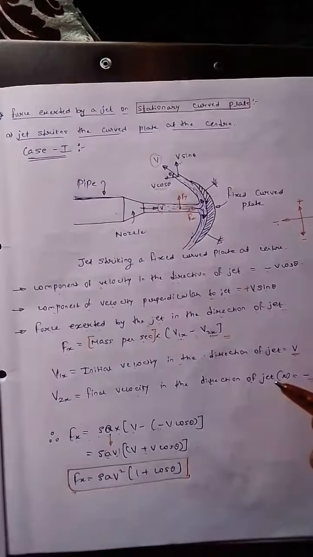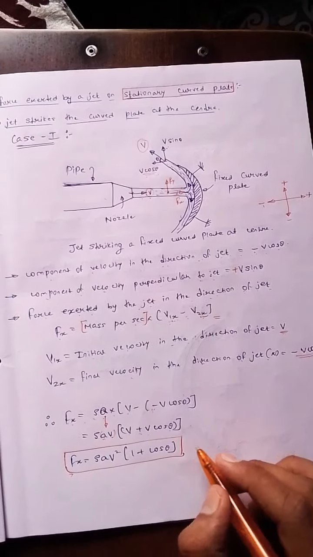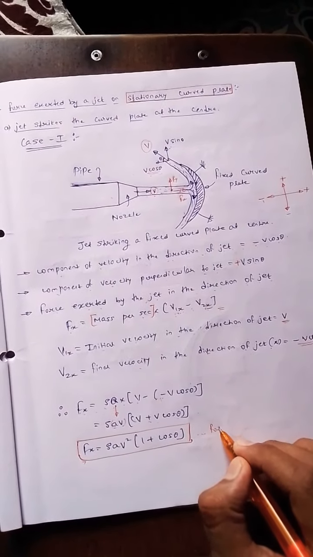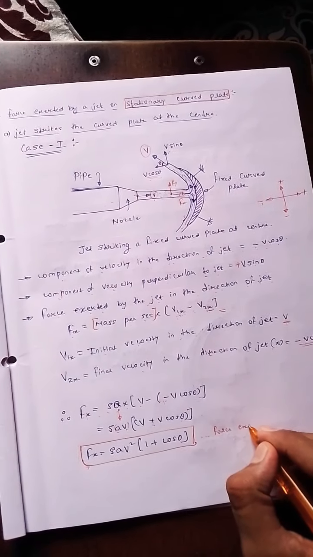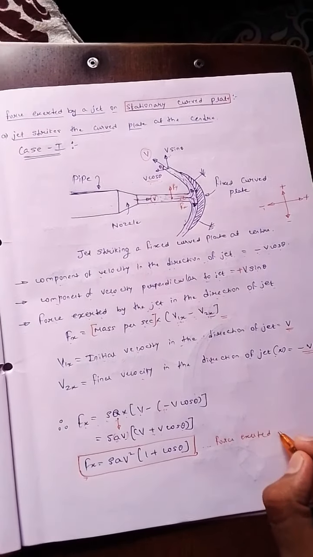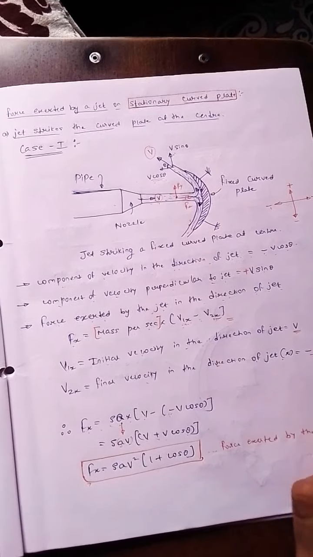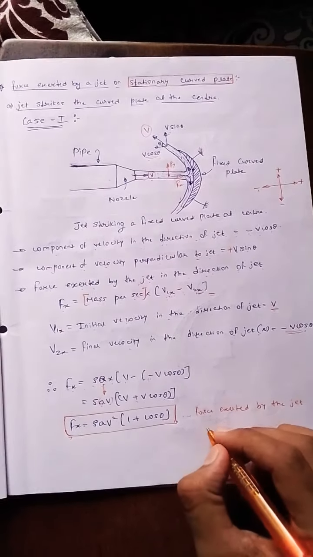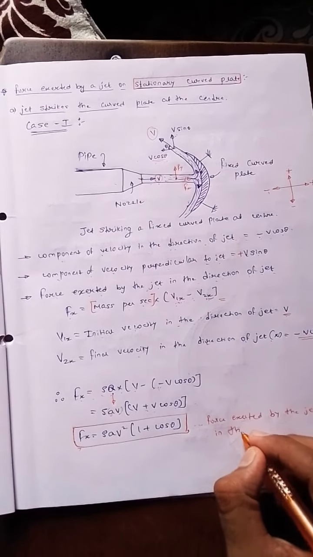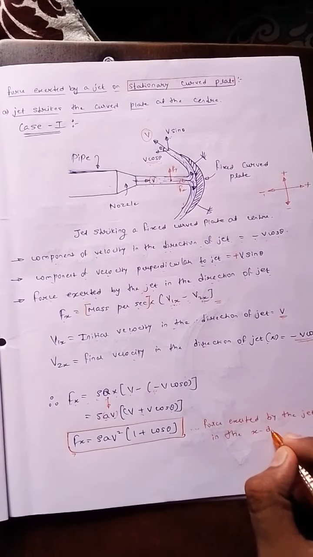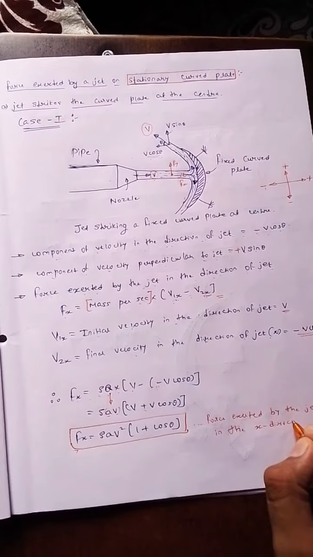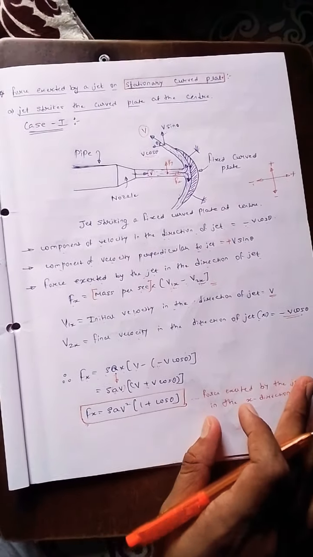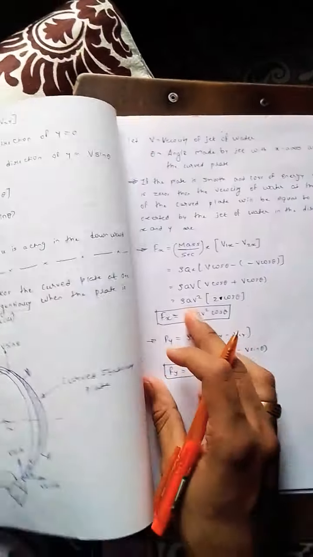The force exerted by the jet in the x direction, correct? So I can write it here as force exerted by the jet in the x direction, correct?